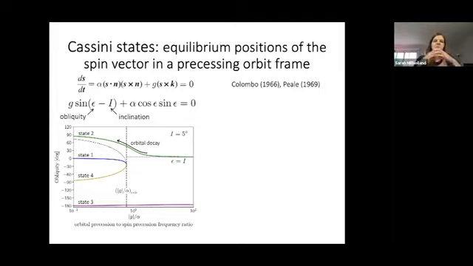There are up to 4 different Cassini equilibrium states that satisfy this criterion, depending on the ratio G over alpha, the ratio of the orbital precession to the spin axis precession frequencies. I'm depicting these different states here, showing their obliquities as a function of this ratio. But the key thing is that in the presence of tides, only states 1 and 2 can be stable.